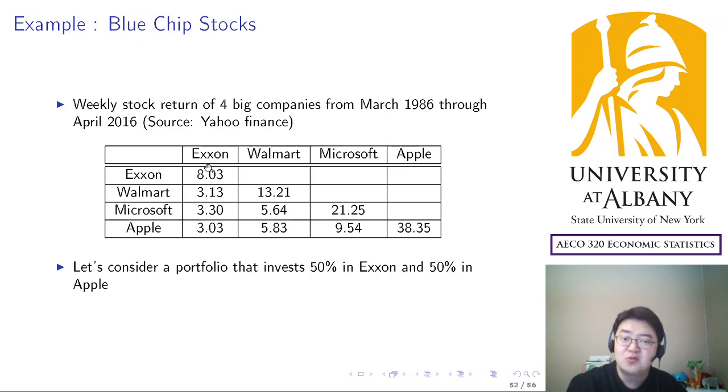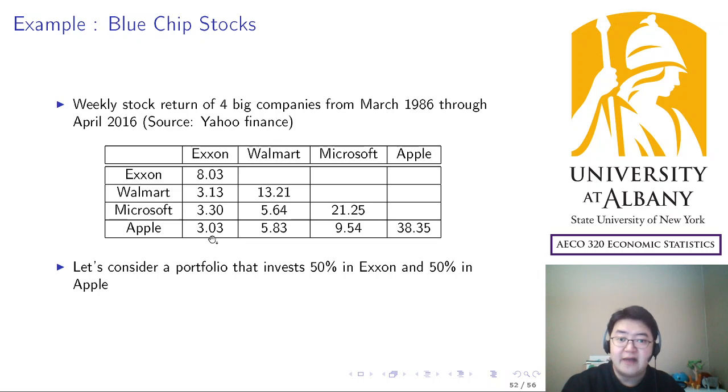I believe Exxon was number 1 in the 80s or early 90s, Walmart was number 1 in the 90s, and then Microsoft, and then Apple. These days, Microsoft and Apple are the top 2. So I took the most famous, representative companies as an example.